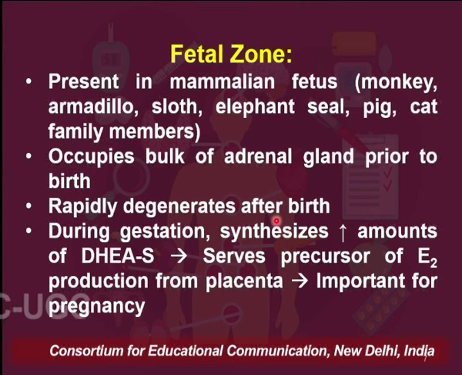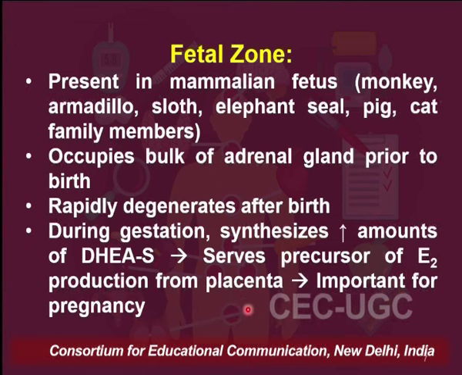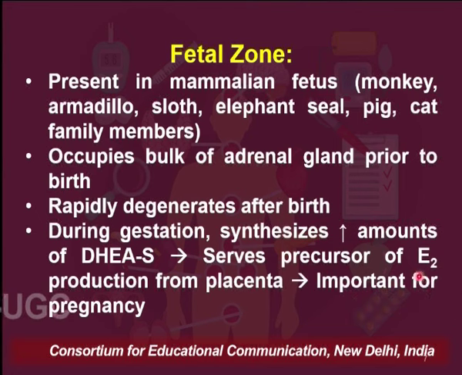So you must be thinking, then what is the function of this zone during the gestation period? You are aware that during pregnancy there is a significant role played by estradiol hormone, and this hormone is derived from the placenta. Now in one of the lectures I would be discussing about the biosynthesis of estradiol, but for now you must know that this hormone is derived from the androgens.